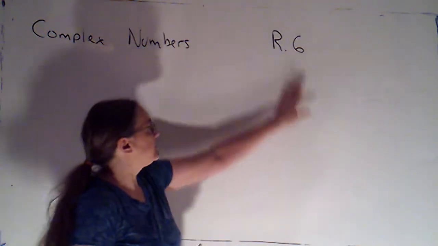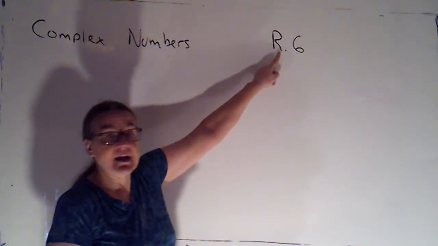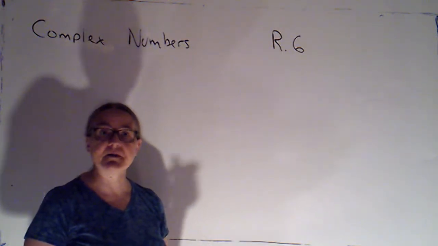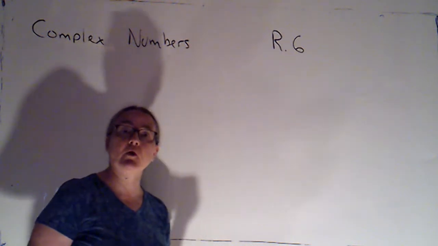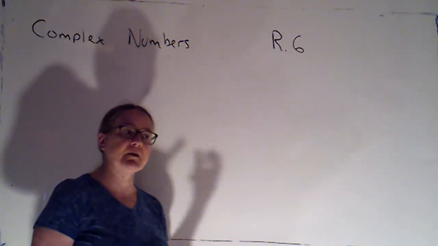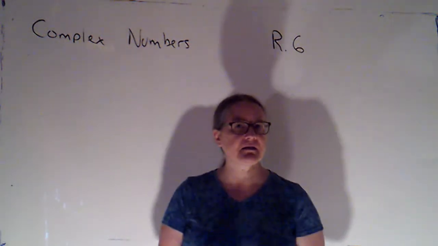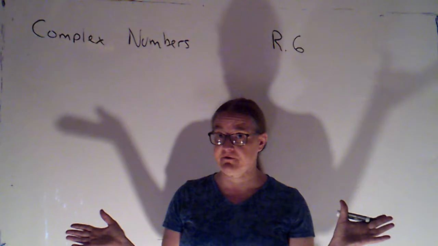I'm pointing out that section R6, the first chapter is called R for review, and the 6th section of that chapter is entirely devoted to complex numbers. Some of you may want to look through that to spend a little bit more time familiarizing or refamiliarizing yourself with this topic. And it is one where I expect that the ability levels and the comfort levels in the class are going to be very, very different.